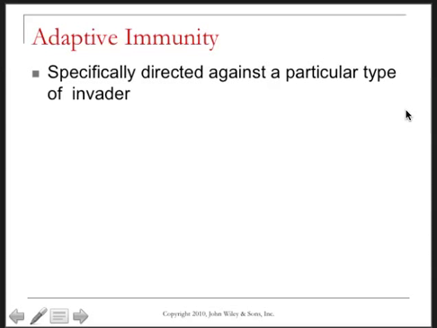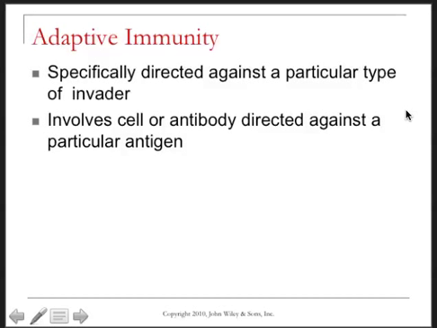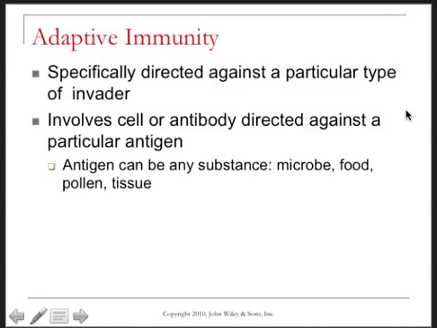Adaptive immunity is specifically directed against a particular type of invader. This is what we mean when we're talking about the lymphocytes. They all do a similar job, but they don't do it in exactly the same fashion. This involves a cell or an antibody directed against a particular antigen, which can be any substance or a microbe or a food, pollen, or a tissue.